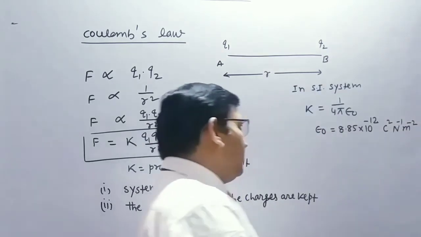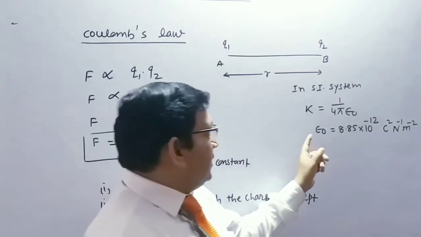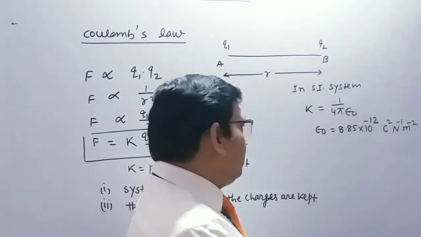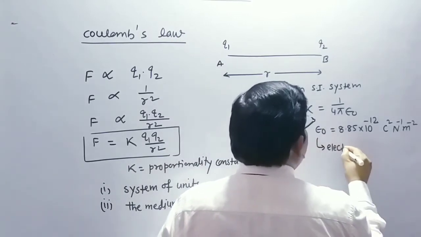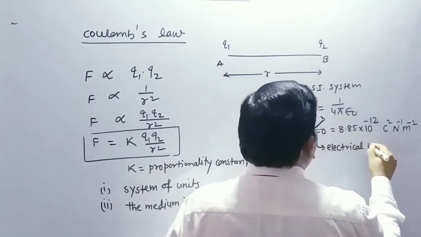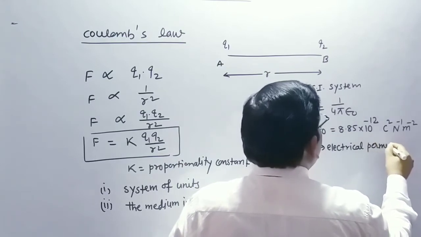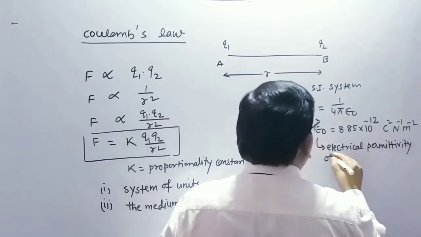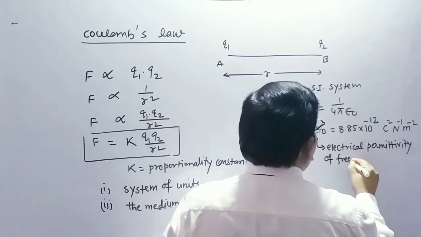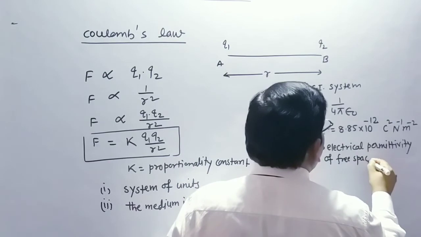That is called the electrical permittivity of free space. So epsilon naught is called the electrical permittivity of free space, that is vacuum or air.